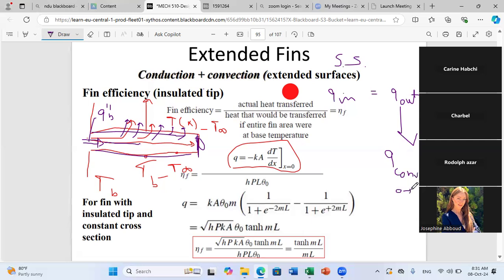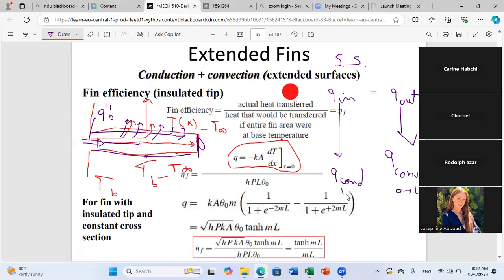This is the integration we did together before. And what is entering the fin? The conduction from the base. So Q in is Q conducted at the base.